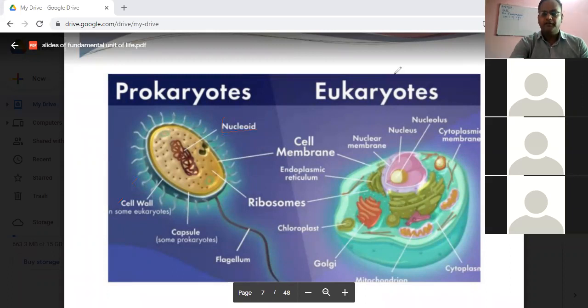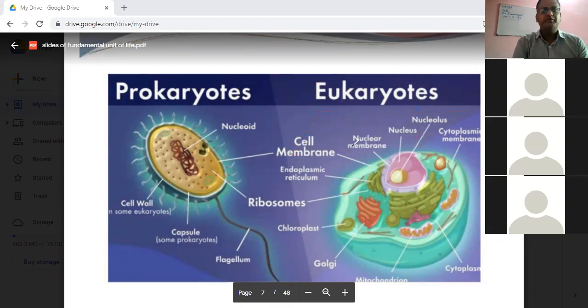Now, after this, students, parallelly you see the eukaryotes. In this image, eukaryote is again made up of two words, eu and karyon. Eu means modern and karyon means nucleus. Why is it called a modern nucleus or a well-organized nucleus?